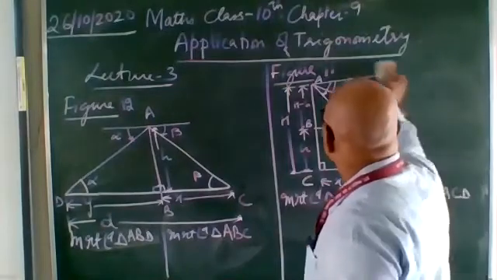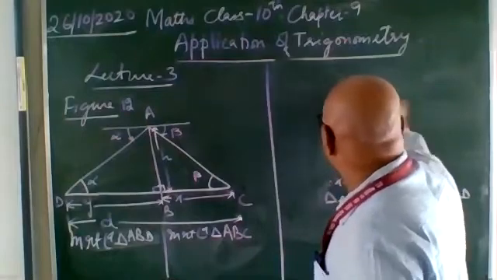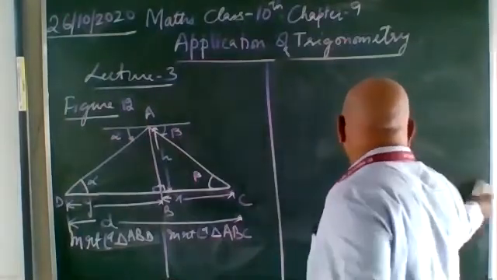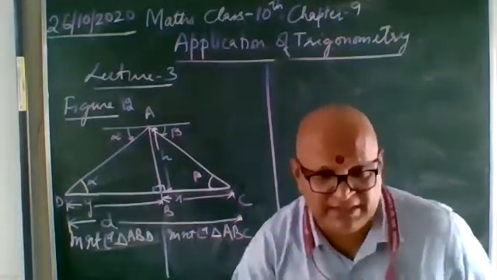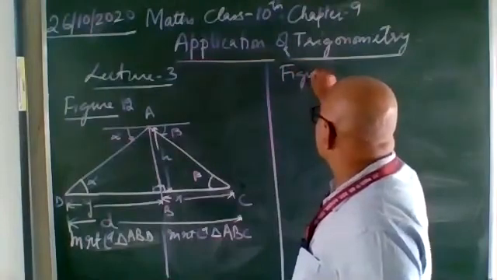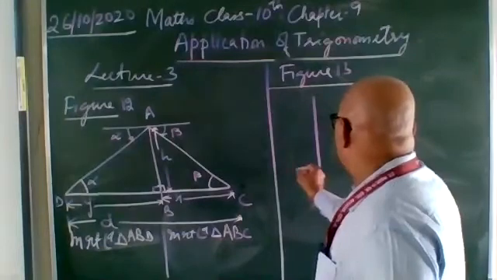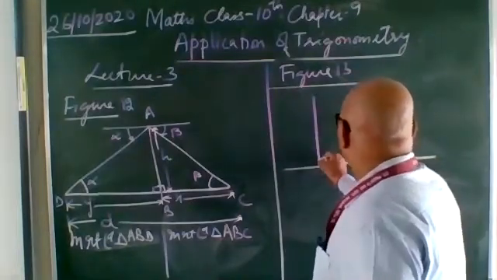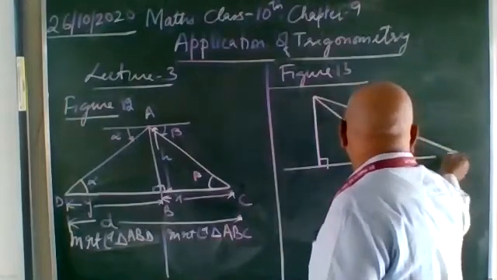So in that case, when we talk about complementary, these 2 points are on either side. Sometimes it is said that they are on the same side. So this type of figure is also there. Figure 13. That is, tower is this. The top angles of elevation are complementary to each other.